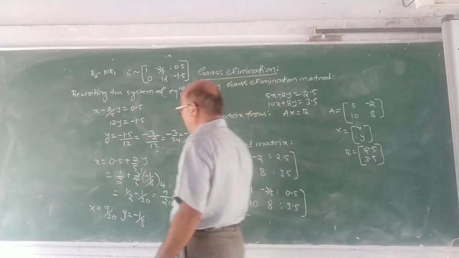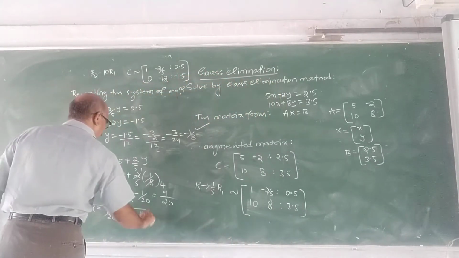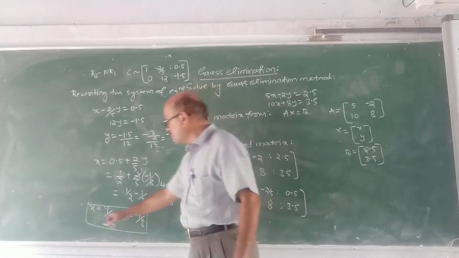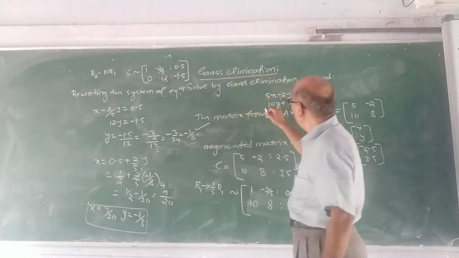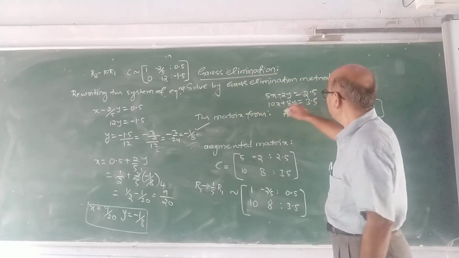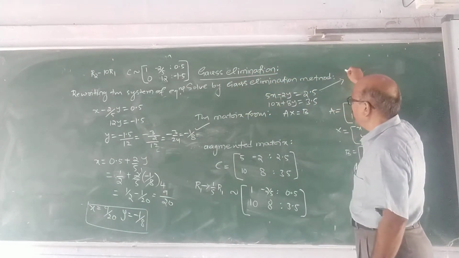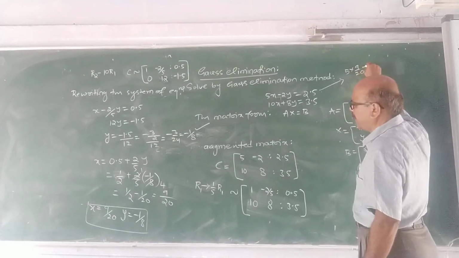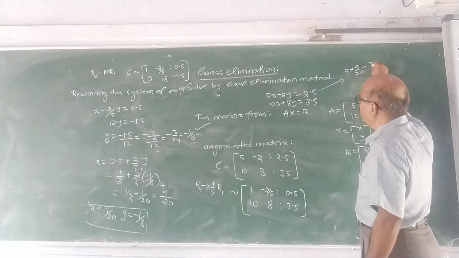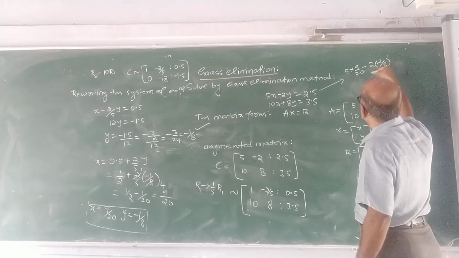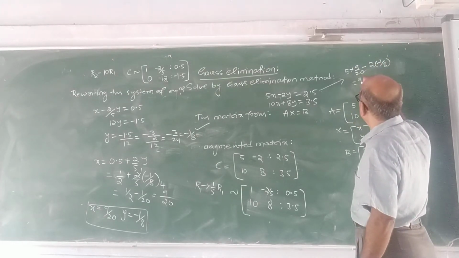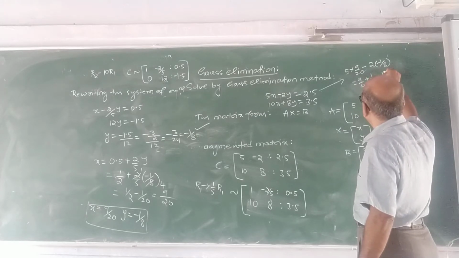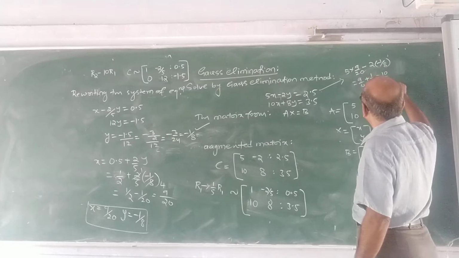Now how to verify? You can easily verify the solution here. Solution means these two values should satisfy both the equations. So I substitute to verify. Verification: 5 into 9 by 20 minus 2 into minus 1 by 8. It is 9 by 4 plus 1 by 4, 10 by 4, which means 2.5.